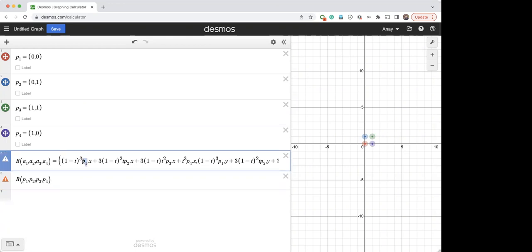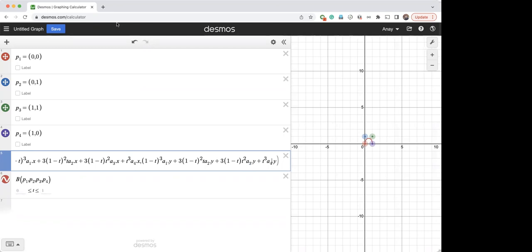Essentially, this would be A1 dot X, this would be A2 dot X, this would be A3 dot X, and this would be A4 dot X. This is going to be just A1, A2, A3 and A4, right?